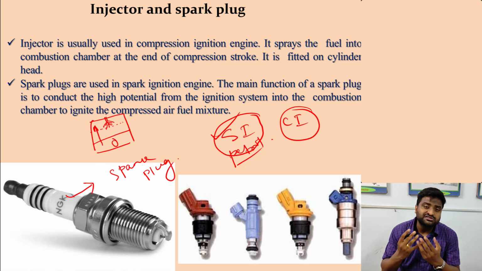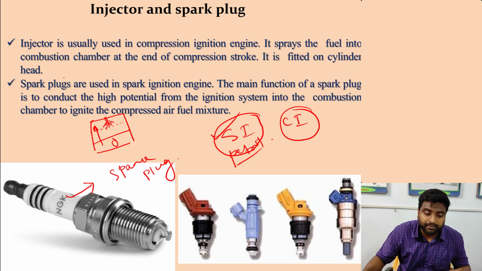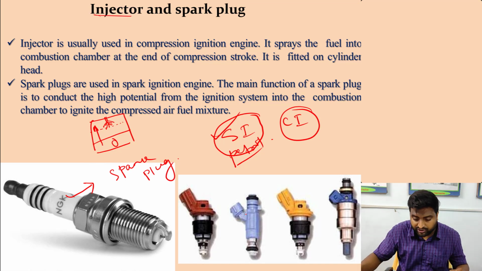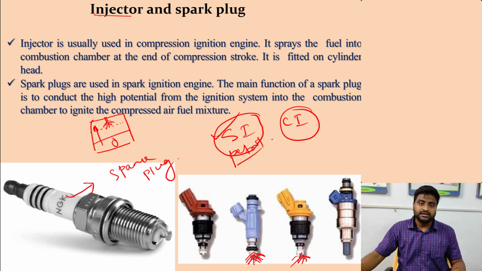Now how is the fuel sprayed? The fuel is sprayed by the injectors. You can see over here, injectors are there. So these injectors will spray the fuel inside the engine cylinders. Okay. So these CI engines are generally found in the diesel engines.